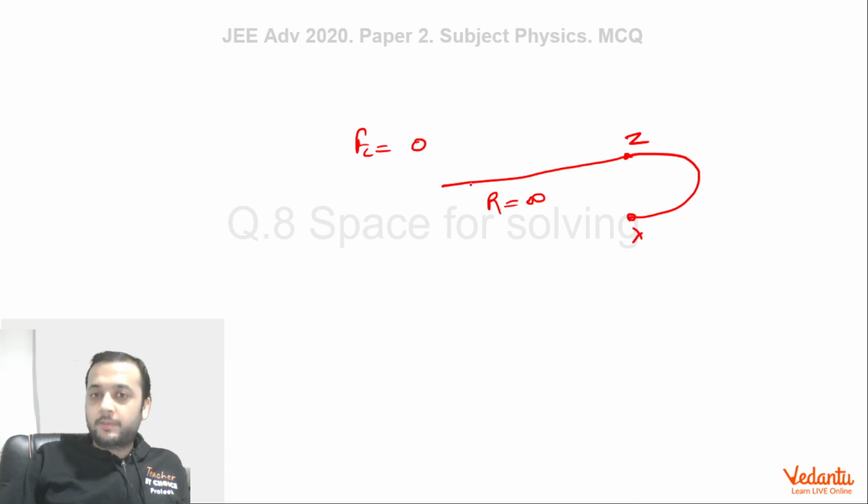Hence there is no requirement of centripetal force for the particle to move on this line, because r is infinity for this line. No matter what the speed is, the radius of curvature on this line is infinite. Therefore, I can say that the requirement of centripetal force was not there.